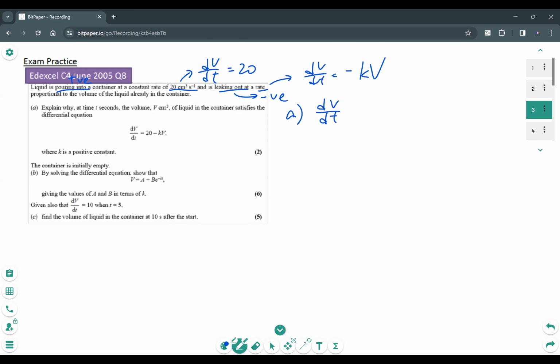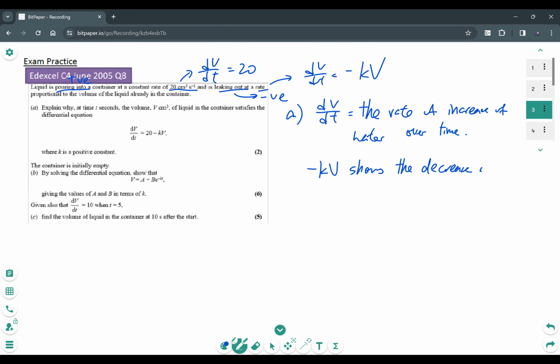So you have to explain. dV by dt is the rate, so you have to write in words. It's the rate of increase of the water over time. And then you also have to explain negative kV shows the decrease of the leak.